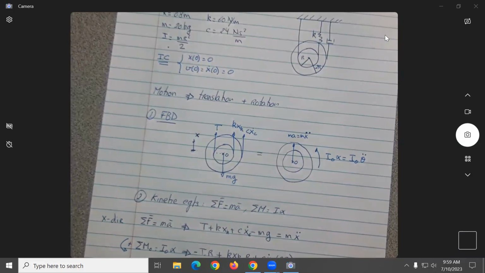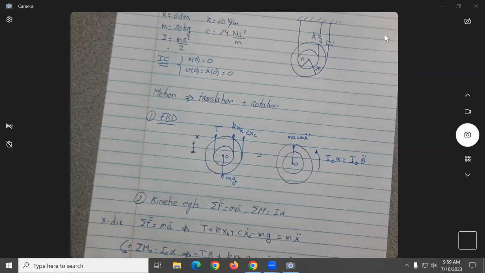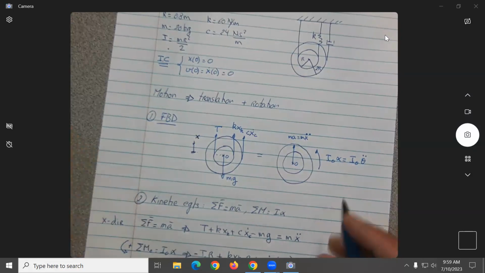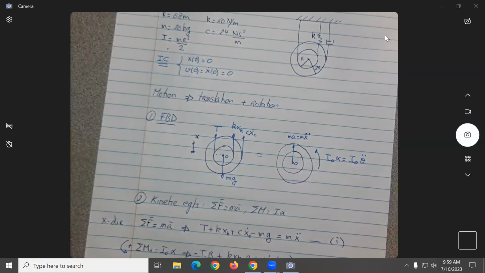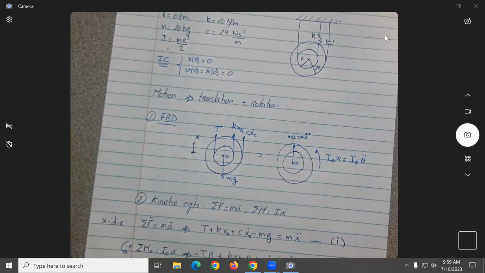Sorry. And this should be equal to I sub naught alpha. So it will be our equation 1. Our equation 2.